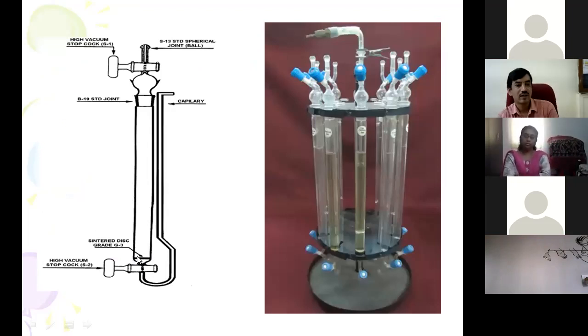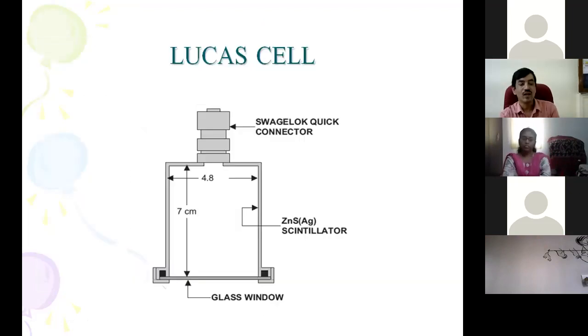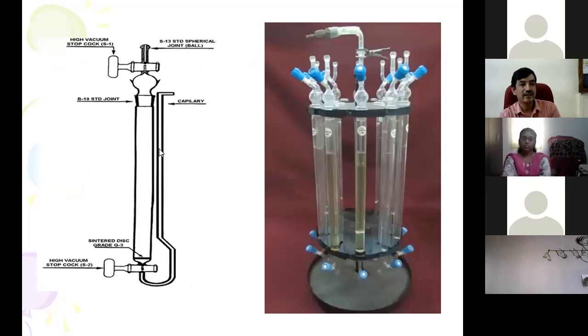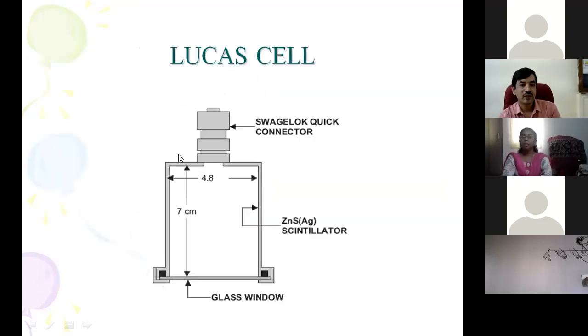That means instead of getting a larger bubble or immediately transferring the air, it will be in the bubble form. That means radon dissolved in this liquid is carried through the air bubbles and it will enter into this Lucas cell. Now this Lucas cell contains radon which was dissolved earlier in water samples.